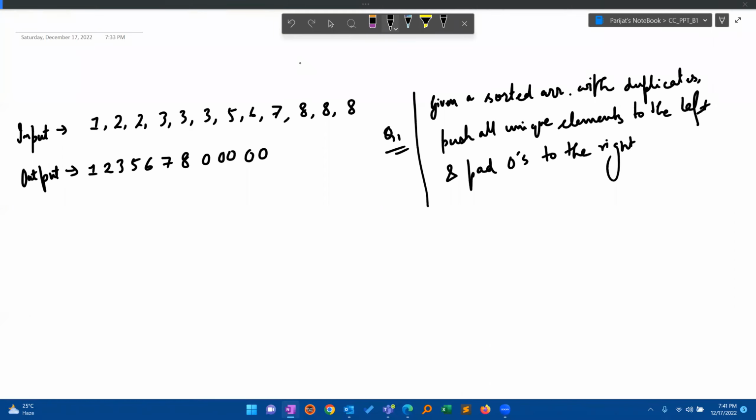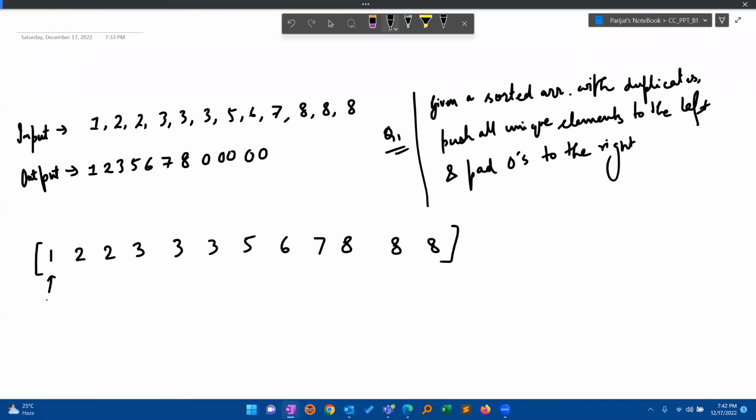Okay, so let's formalize the approach a bit. So let's have the array. So we have 1, then we have 2, 2. Okay, so we are starting with 2 pointers here, right? So what do we do?